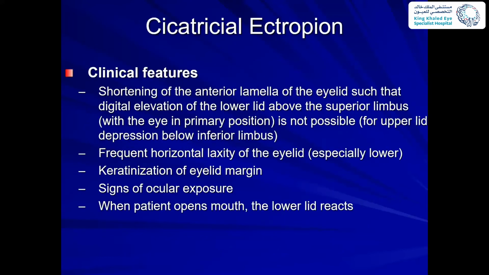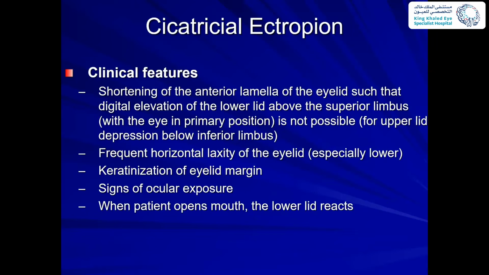What is the cause of cicatricial ectropion? The most common cause is either trauma or excision of skin in lower eyelid blepharoplasty. Chemical burn is also a cause, and skin diseases that cause scarring of the skin, like scleroderma, may also be a cause.